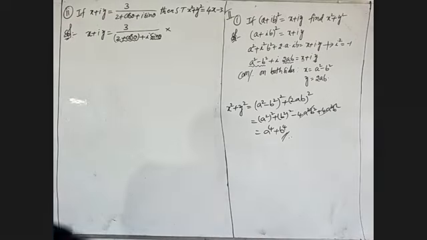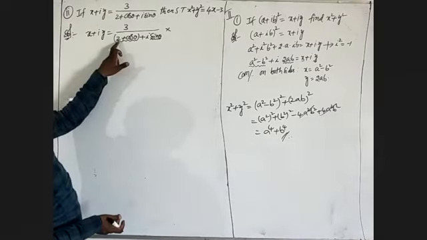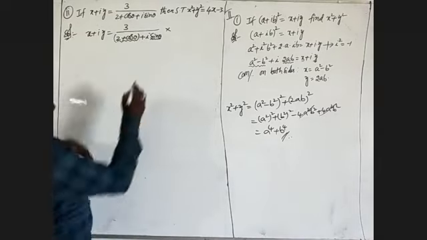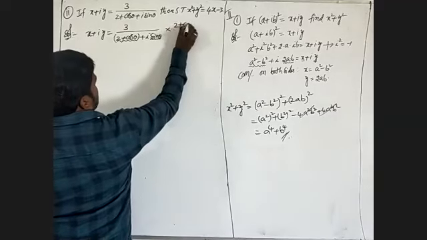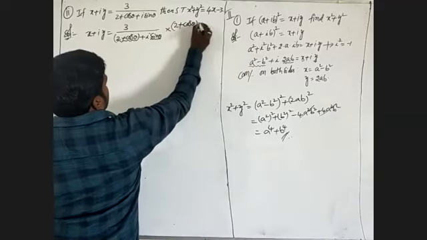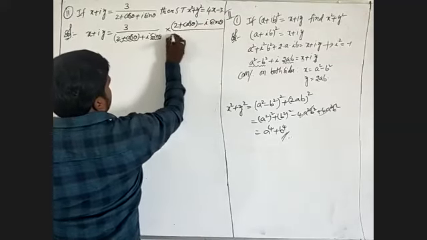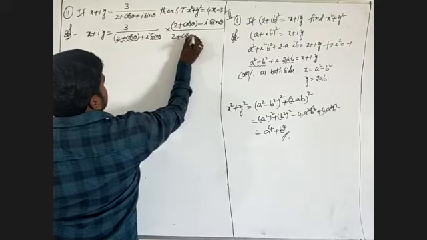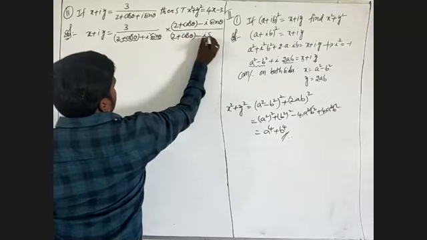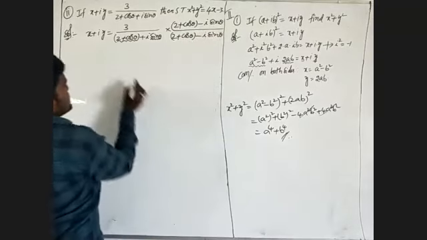So rationalizing, the conjugate of 2 plus cos theta plus i sin theta is 2 plus cos theta minus i sin theta. We have to multiply it in the denominator as well.